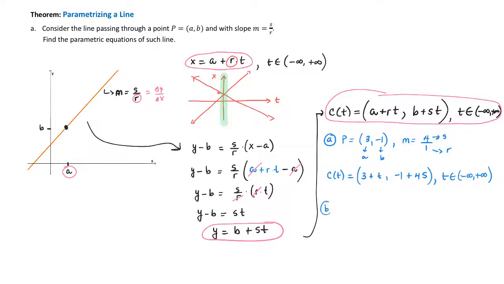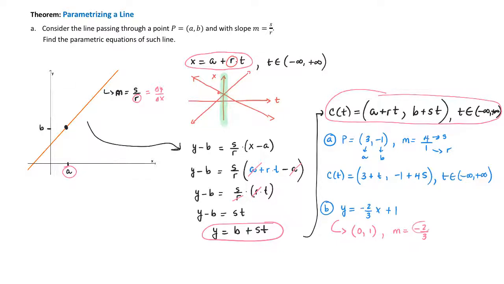Then in part B, if you remember, they gave us the equation of the line. But I can still use this theorem, because if I have the equation of a line, I know a point on the line and I know the slope. In this case, a point on the line would be the y-intercept, the point (0, 1), and the slope is negative 2/3.